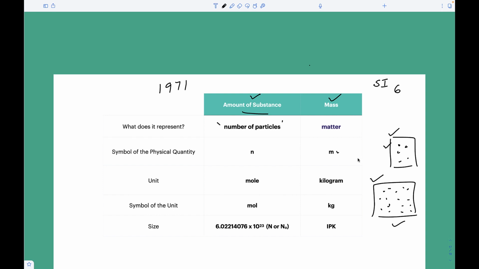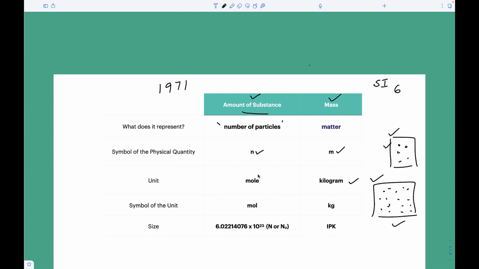And small m is the symbol for the fundamental physical quantity mass. Similarly, small n is the symbol for the fundamental physical quantity amount of substance. And every physical quantity must have a unit. The unit of mass is kilogram. Similarly, for this fundamental physical quantity amount of substance, we must have a unit.